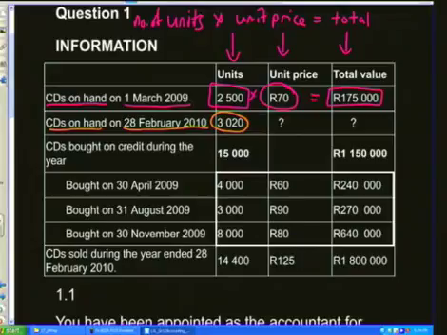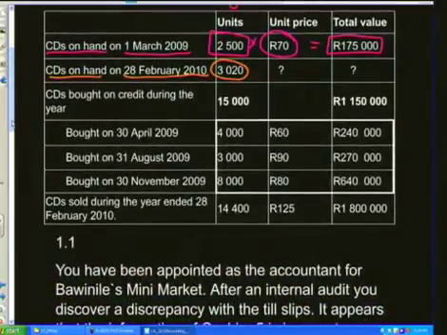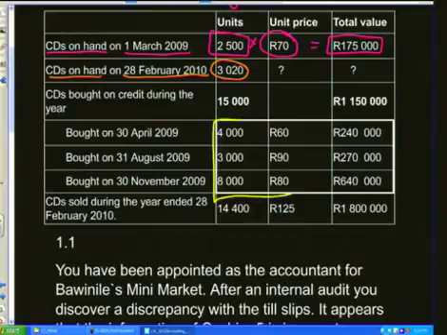It's very easy if you know your method, and the method we're using is the weighted average method, as you'll remember. Let's look at the schedule they've given us. In this box, which I'm highlighting in yellow, they have given us the CDs that were bought on credit during the year.